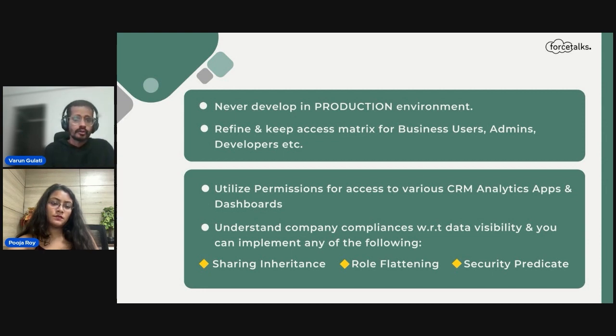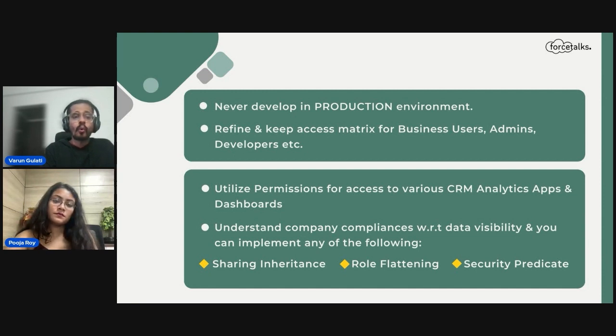Another approach is role flattening. The role hierarchy on the Salesforce side determines the visibility of data in CRM Analytics, so you need to model your data flows or recipes according to that. You can configure role flattening into your recipes and leverage it. The third one is my favorite, and that is to use security predicates.